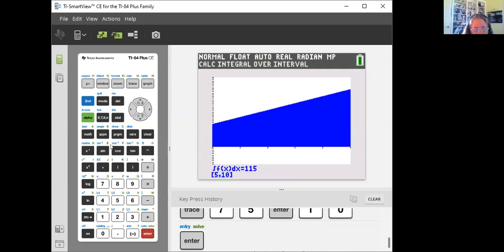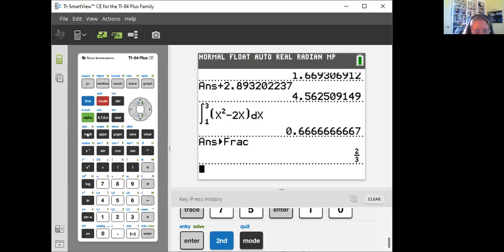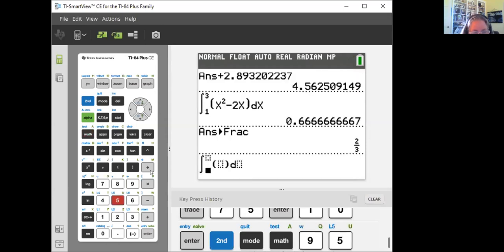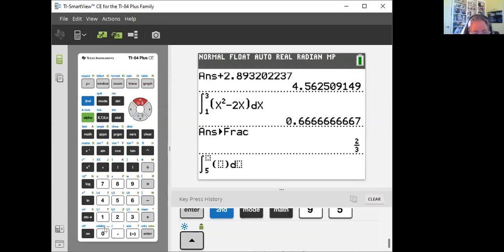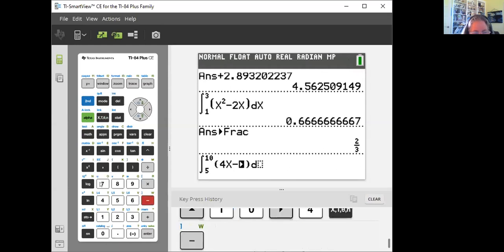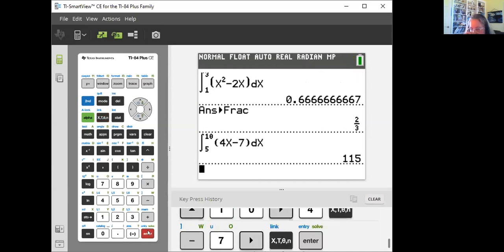Now, there's nothing wrong with also just doing the math 9 thing. We're going to integrate from 5 to 10 of 4x minus 7 dx. And enter. All right, I get the same answer.